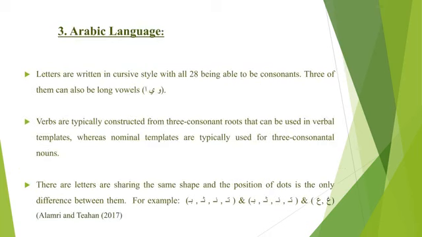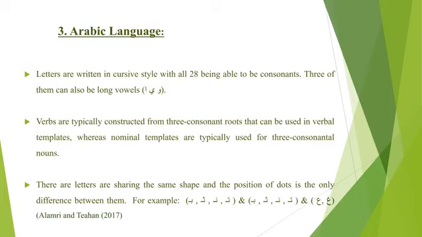Here, I would like to explain a brief background of the Arabic language, as this is the target language in the proposed mobile application. Arabic is written from right to left, and although it only contains 28 letters, it is relatively orthographically complex.